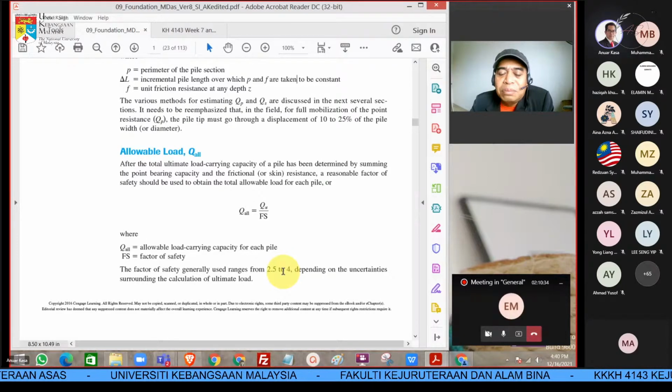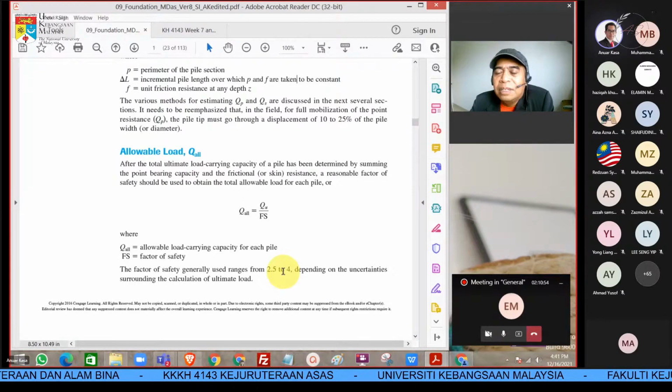Let's say the factor of safety is 4, meaning that the pile can take 100 kilonewton, but we allow a structural load of only 25. The factor of safety is 4.